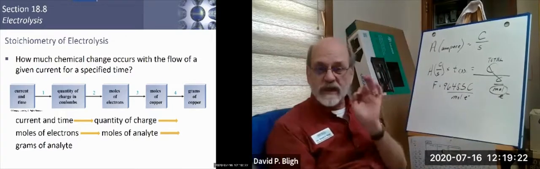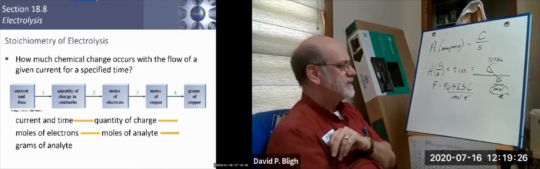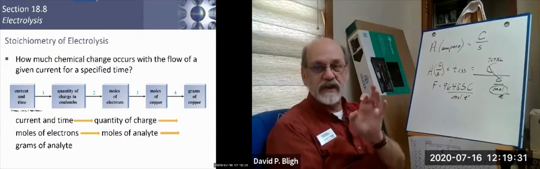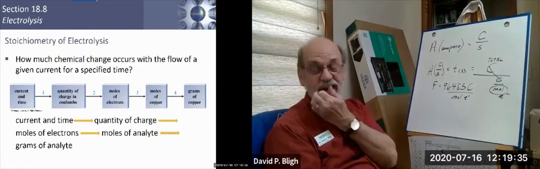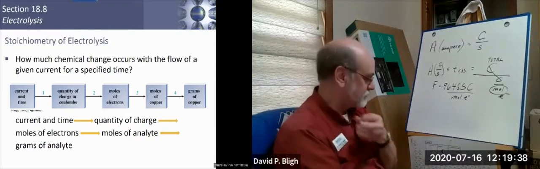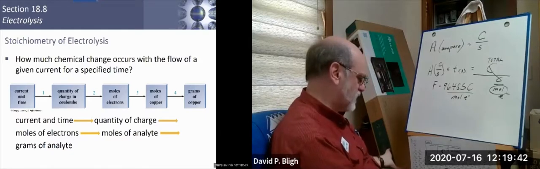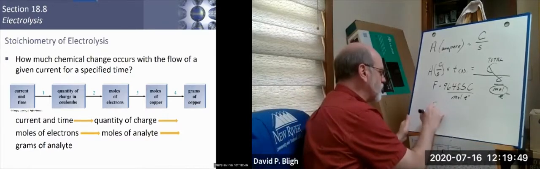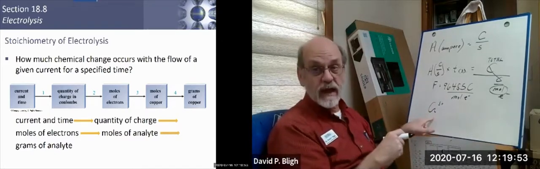Now you need the stoichiometry of the reaction. Right? How many moles of electrons are consumed in producing each mole of the metal? So that depends on charge. Right? Say you have a solution of chromium that has 3+ chromium ions.